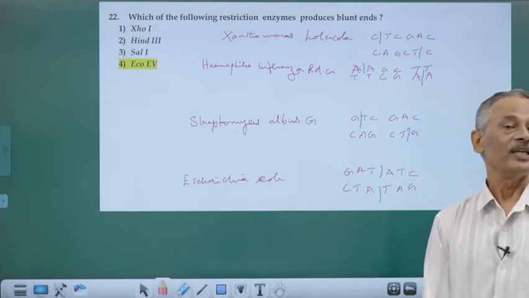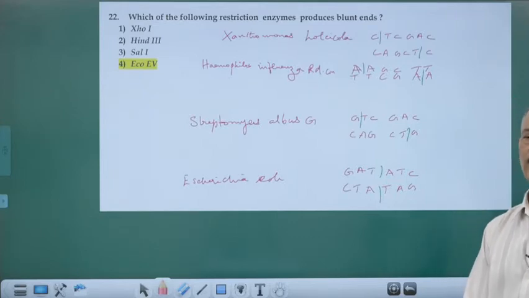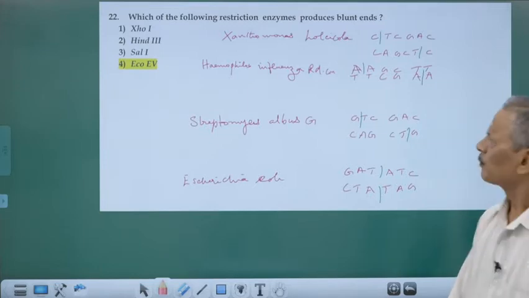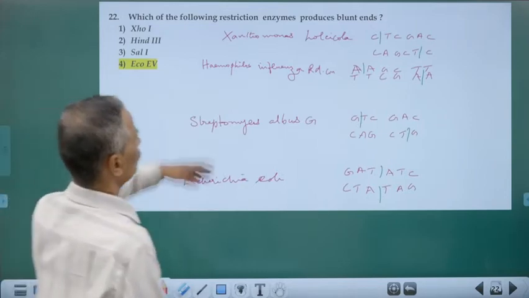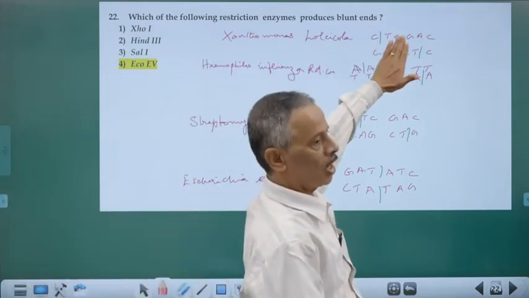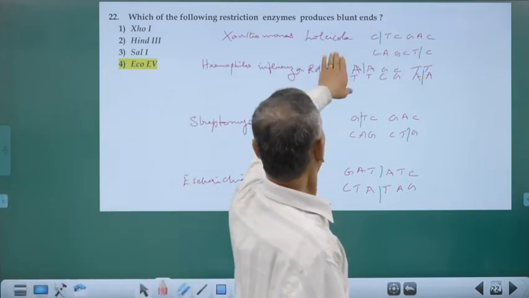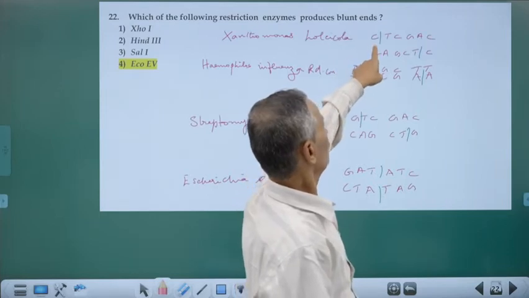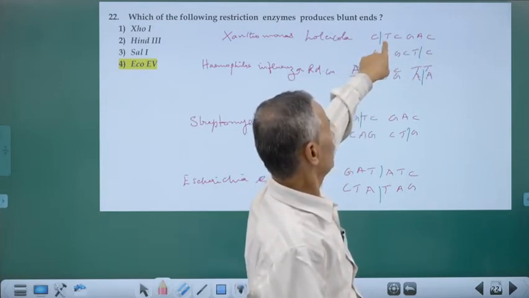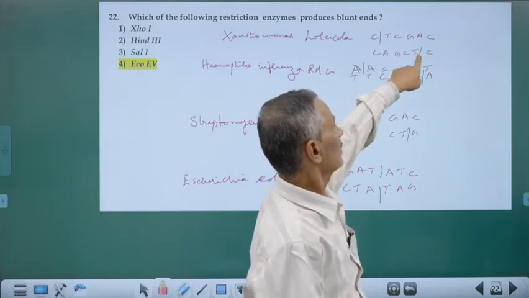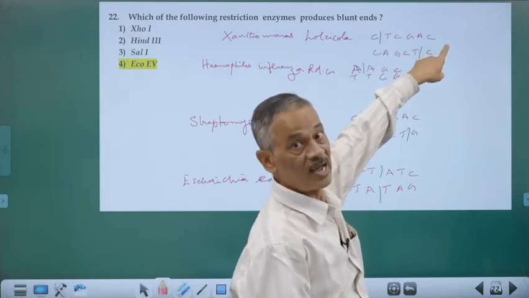That is why it is not mentioned in our book. All others are staggered end cutting, from Hind III onwards. We are having XhoI. What is that? Xanthomonas holcicola. Its sequence is CTCGAG, and it cuts between C and T. So it is cutting here and the other one here, so it is a staggered end cutting.